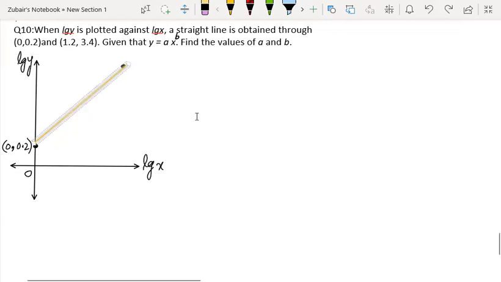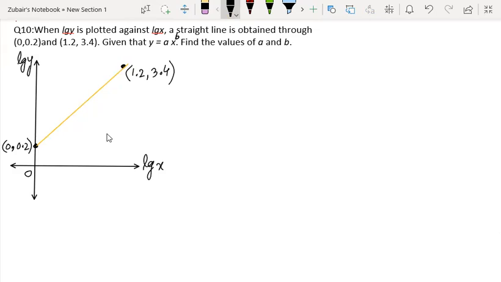Yes, so this is better. Now this point should be (1.2, 3.4).